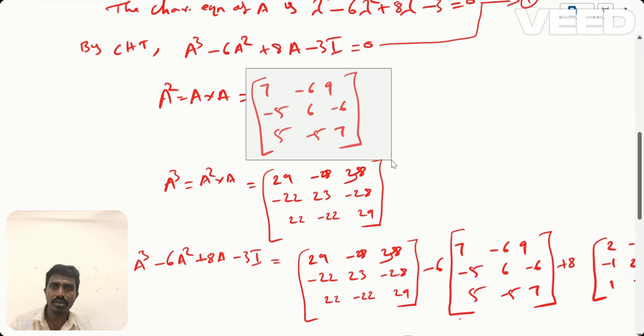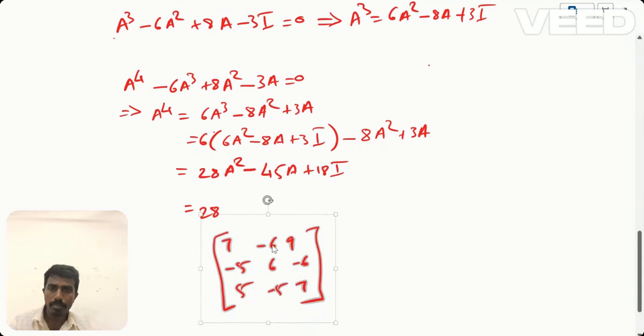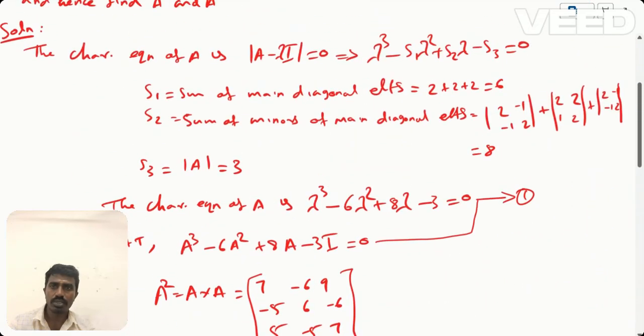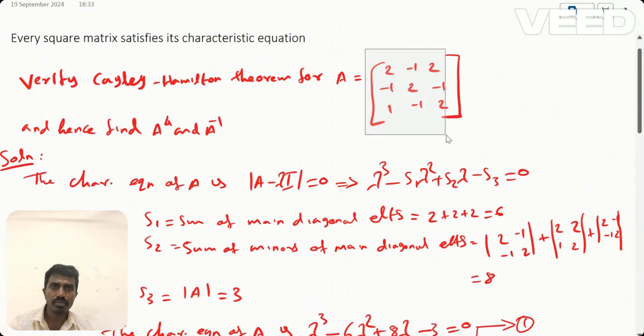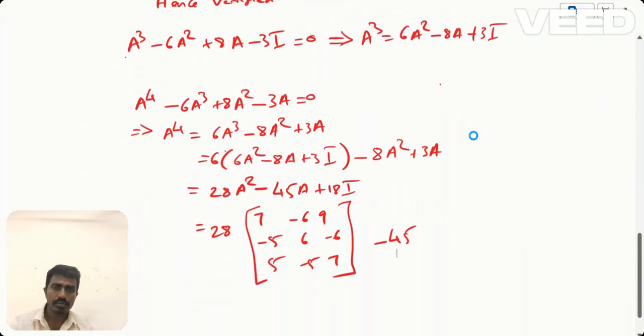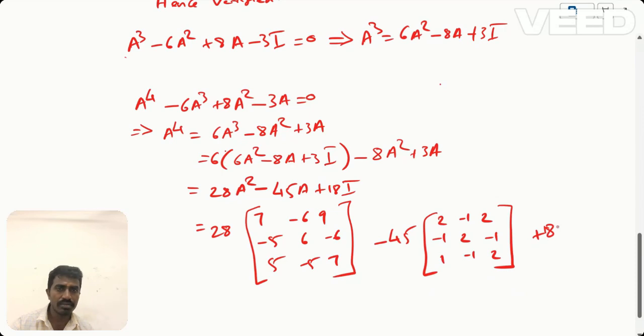You substitute this matrix, and then minus 45 times A. Substitute the A matrix, and then plus 18 times the I matrix.